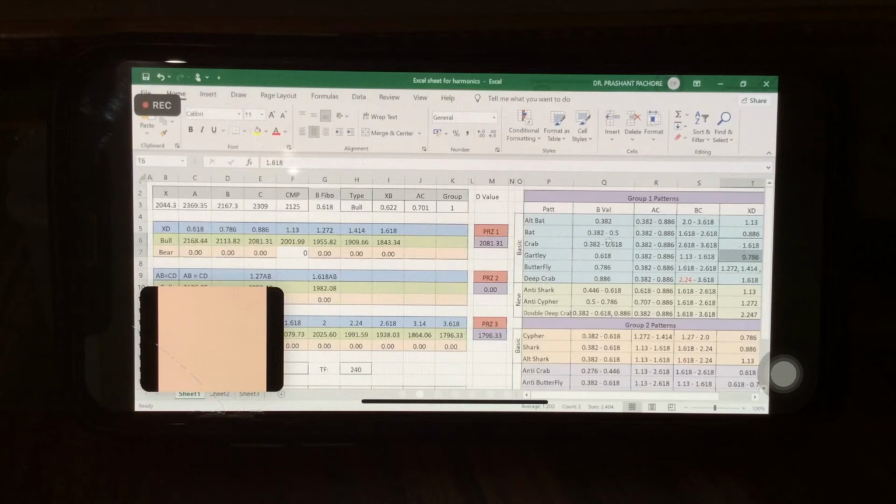Where will the D point be? If it is crab then 1.618. So here in the fifth row, can you make out what I have written here? B column, fifth row, on the left side.